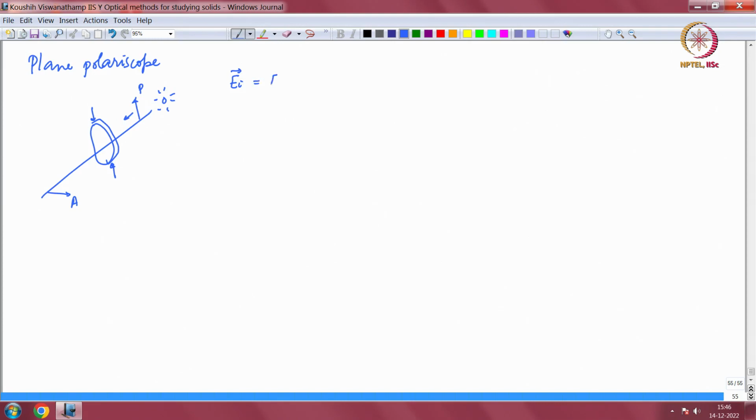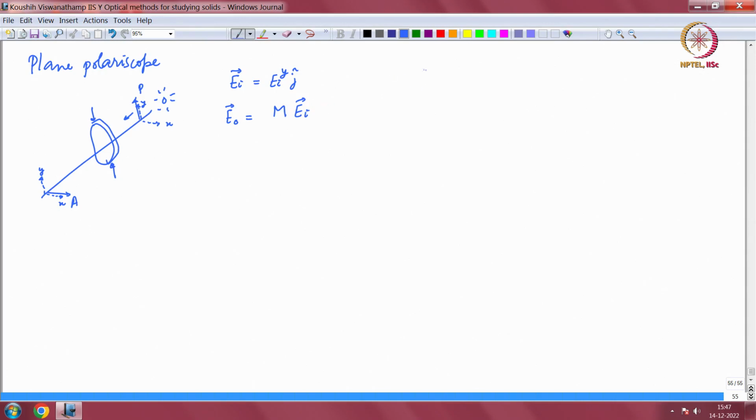So, this is my x and this is y, E I y j hat, that is your incident light, and your final light that you are going to get, the exit light, of course because the analyzer is now along the x, you are going to look at only the x, but in general this will be M times E I bar, M being the matrix we wrote down before.